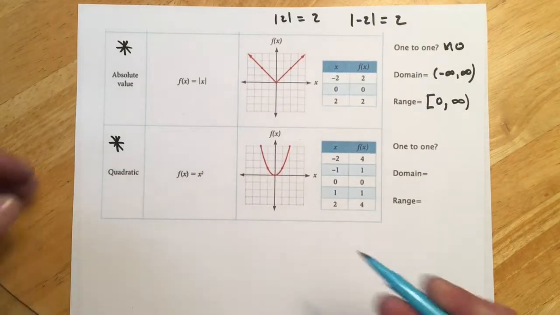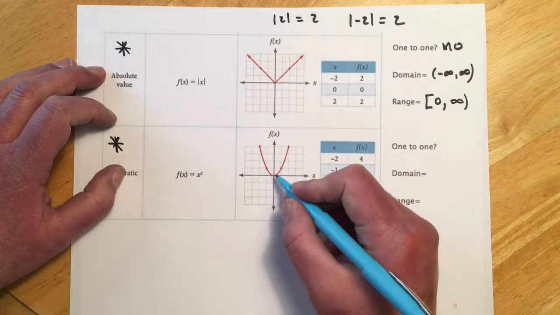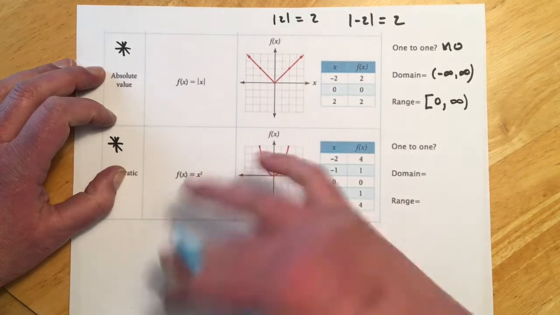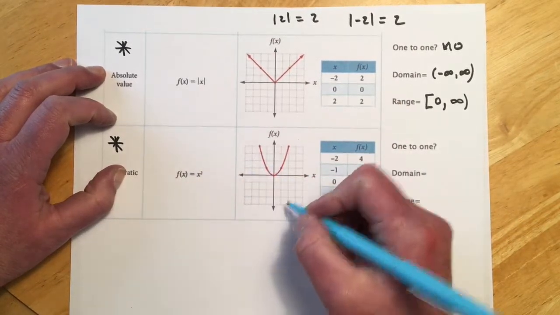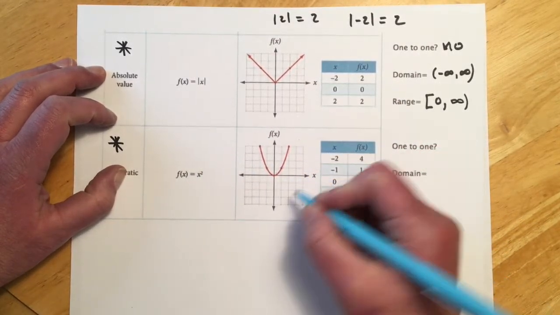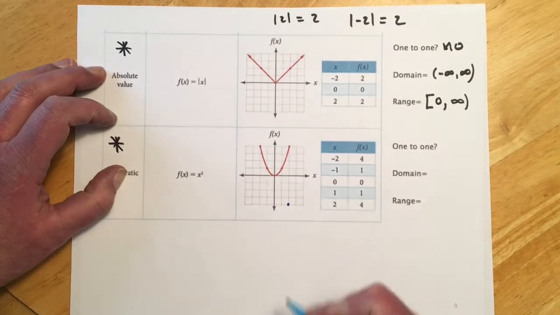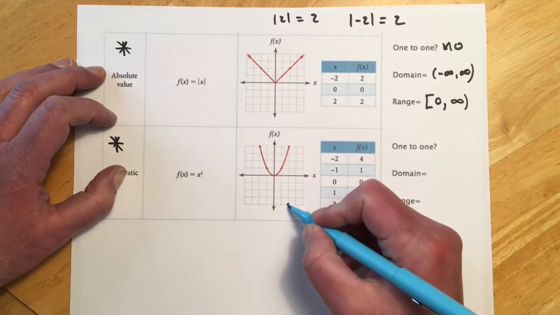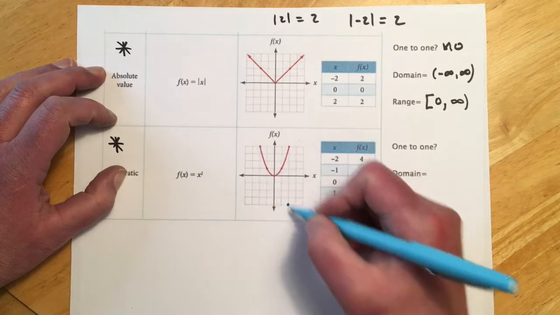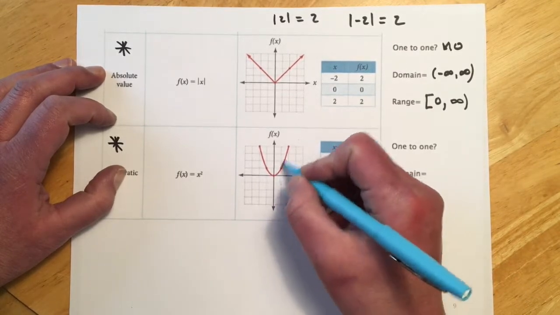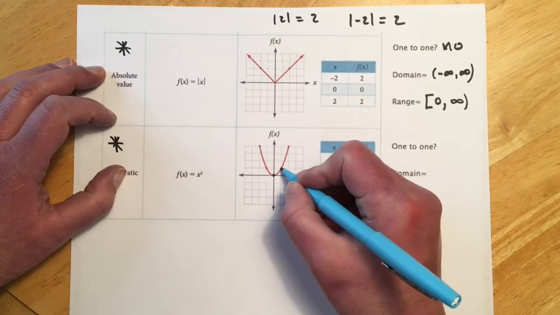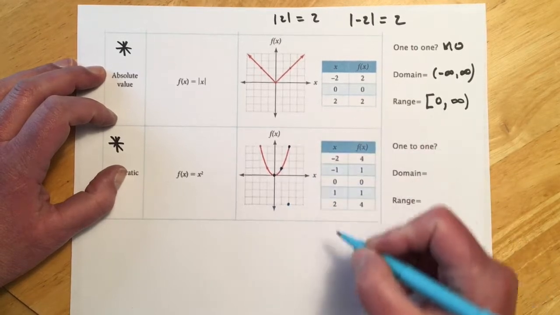And I'll show you what I do for it. We want to be able to pick it up and move it around, flip it upside down, and still copy the shape. So say I was going to draw it right here. I don't want to think, okay, this is 0, 0, because it's not 0, 0 anymore. It's shifted. So I want to figure out how to copy the shape. It goes 0, 0, 1, 1, and then 2, 4.